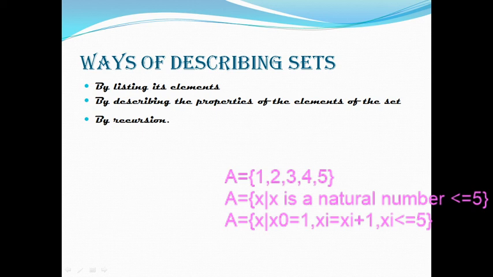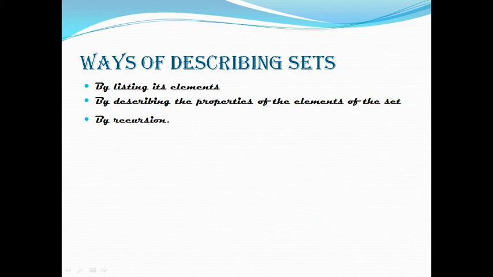If it is an infinite set, there is no end condition; only the starting condition or recurrence relation or recursive condition should be given. Okay, hope you all understand: the first one is the roster form, that is listing the elements. Second one is the set builder form, writing the rule. Third one is our method, the computer science method, that is recursion.